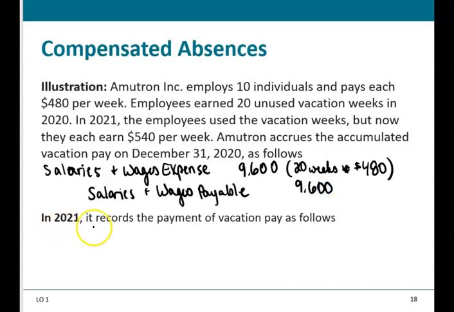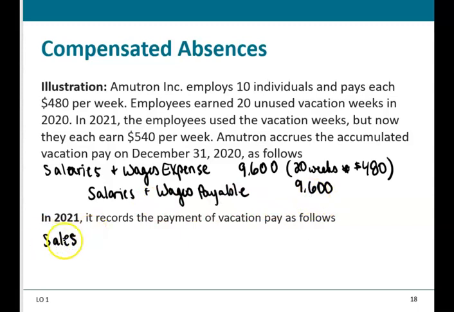Now, in the next year, 2021, the employees take the time. Remember, they're not working, but we're still going to pay them. And so we're going to credit cash, right? We're paying our employees. We're going to reduce the cash payment. We're going to reduce the salaries and wages payable of 9,600. So I'm going to start with reducing a liability.